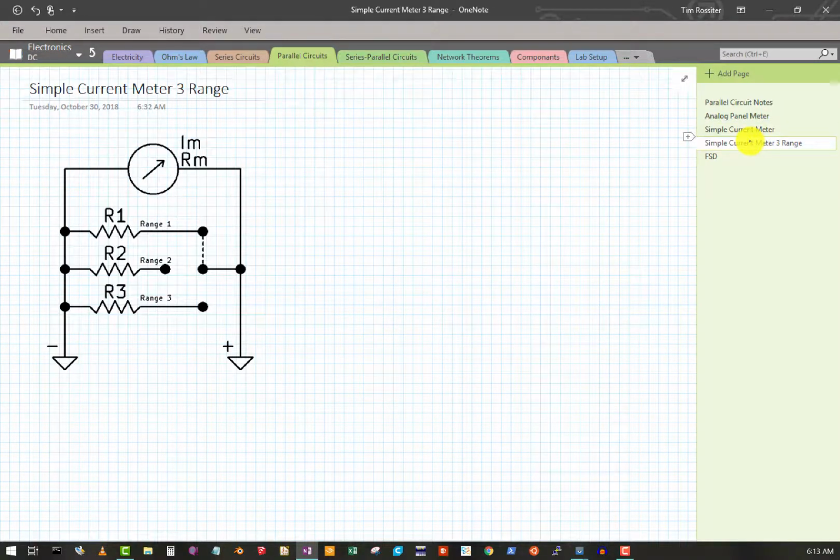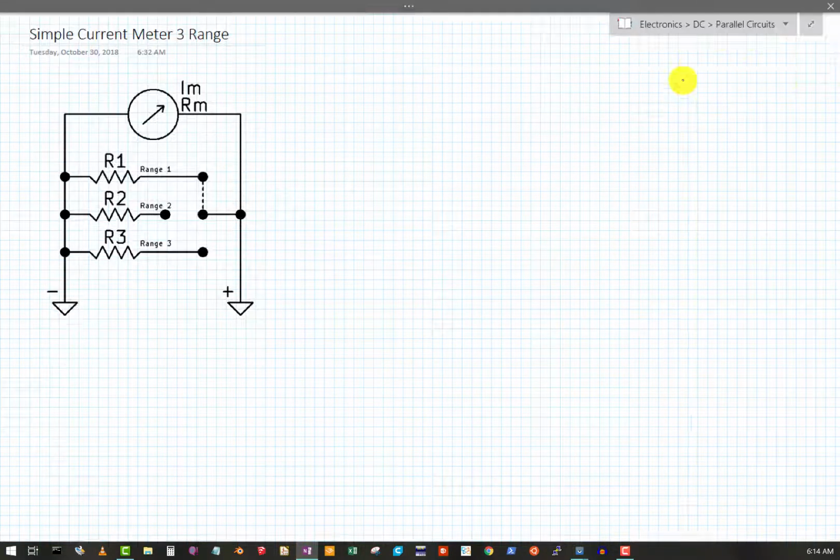And so basically, in a multi-range one, we're essentially just doing the same circuit 3 times. So we have range 1, and we have a selector switch. When we have range 1 selected, the range 2 shunt resistor and the range 3 shunt resistor are not part of the circuit.